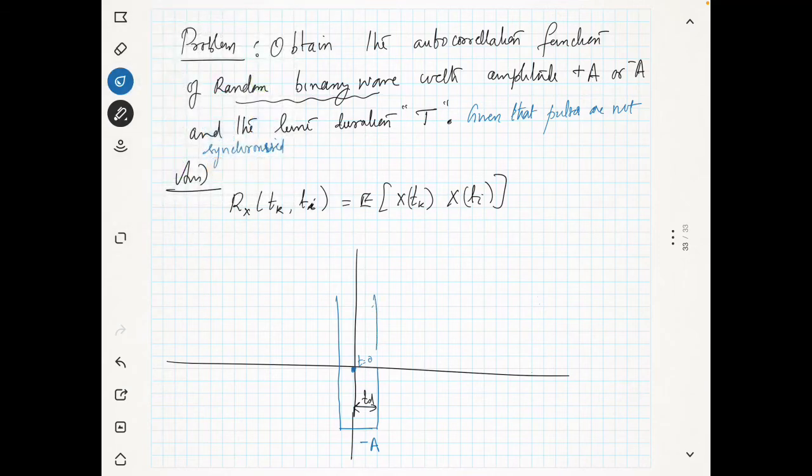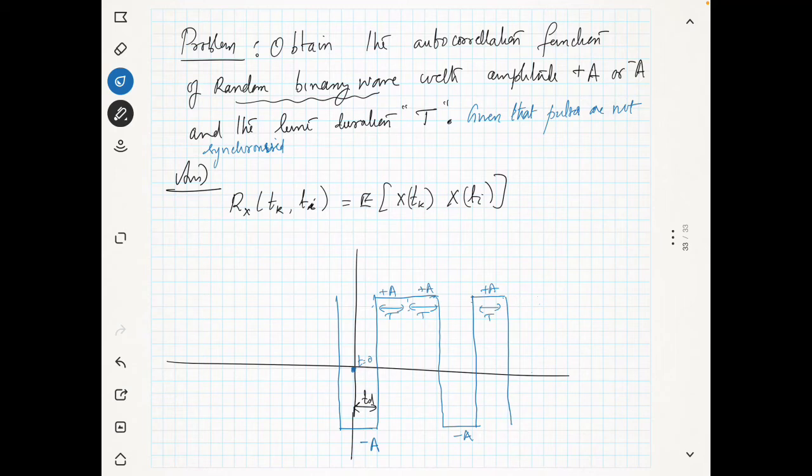Now the pulse is like this. Maybe for 2 intervals it is plus a, again it is plus a. After some t duration it goes to minus a, like this, and it remains there for 1 time duration, and again this is plus a for 1 time duration t. You can say this is t, this is t, like this.